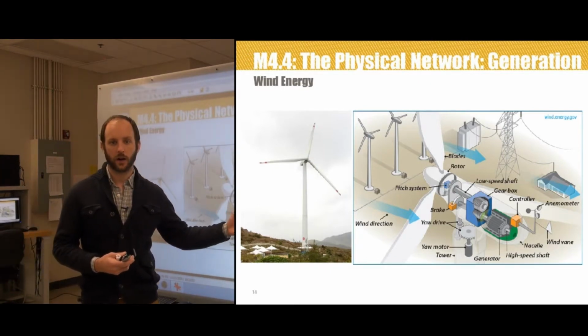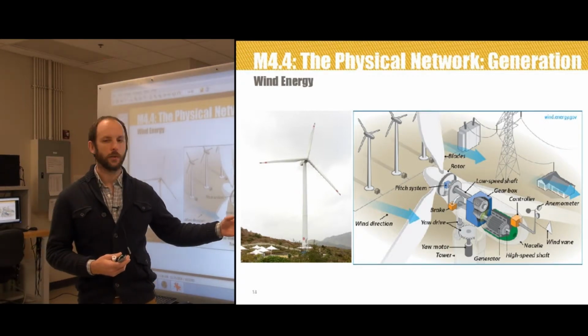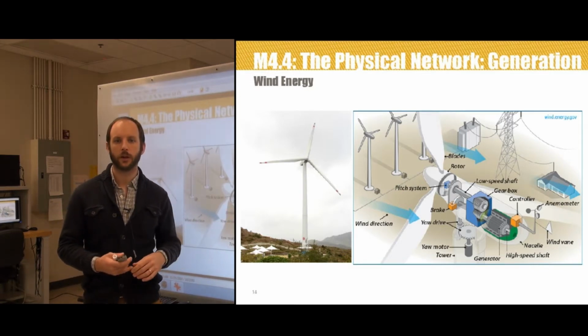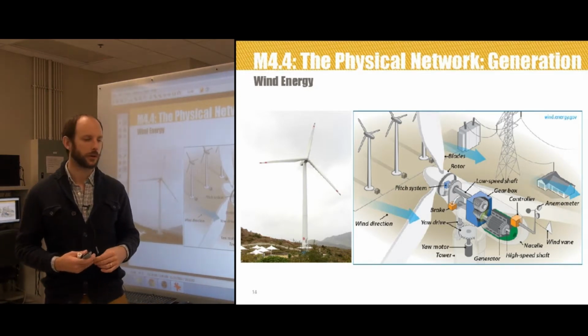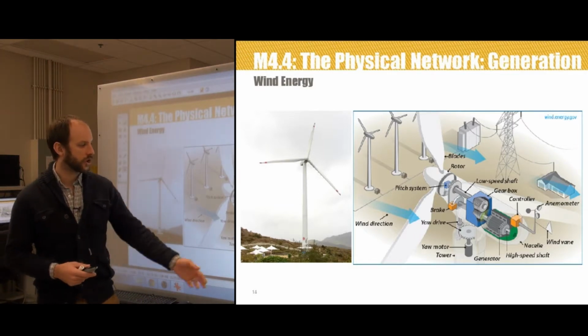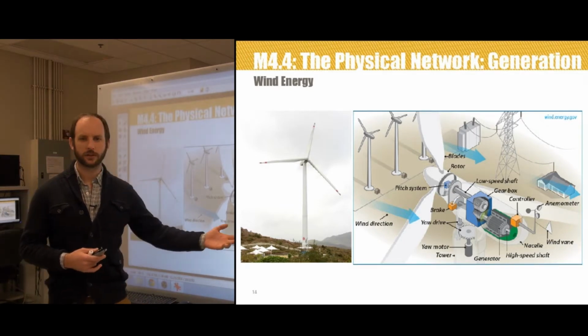This gearbox is a costly and heavy part of the wind turbine, and engineers now, probably by the time you watch this, will have been even more exploring direct drive generators that operate at lower rotational speeds and don't need these gearboxes.